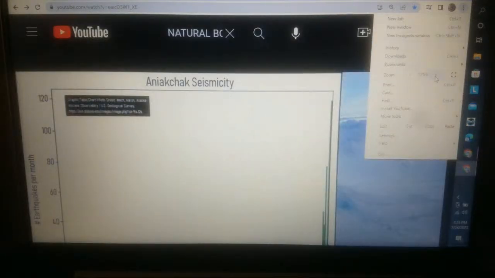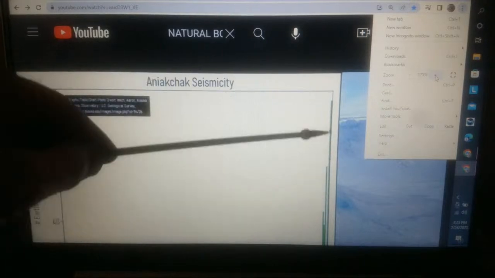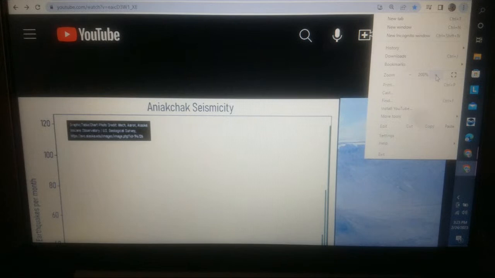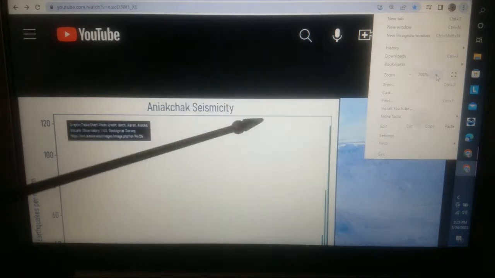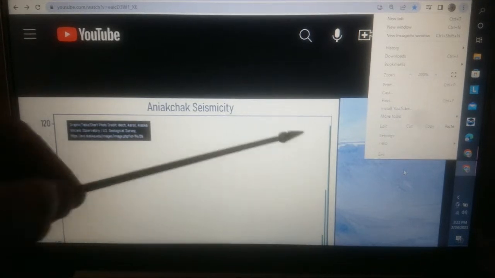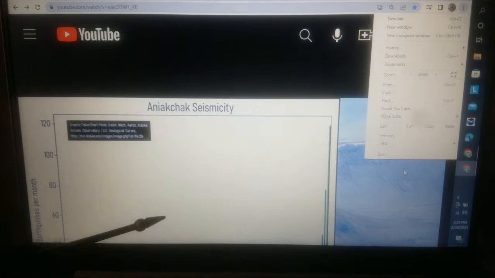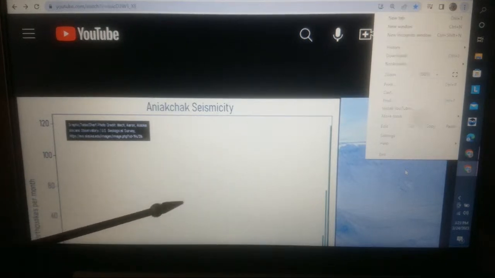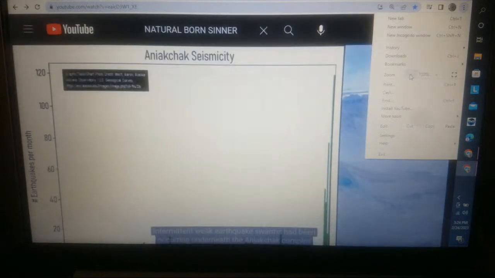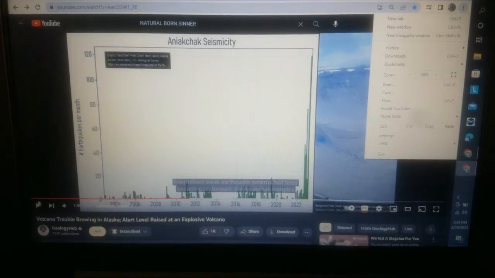Can you see it now? All the way up to here, this little point. Let me go in a little tighter. So the biggest volcano that's produced the biggest eruptions in the continental United States is now active, or is now having an earthquake swarm. Now let me back out of this, and we're almost done with this video.